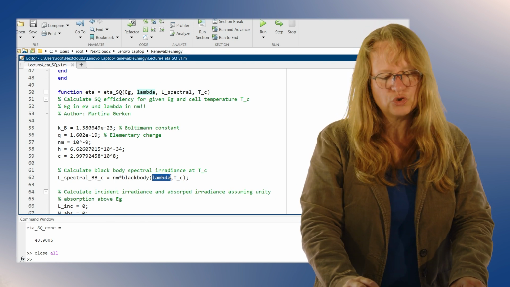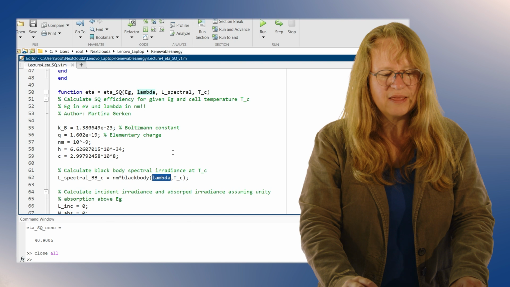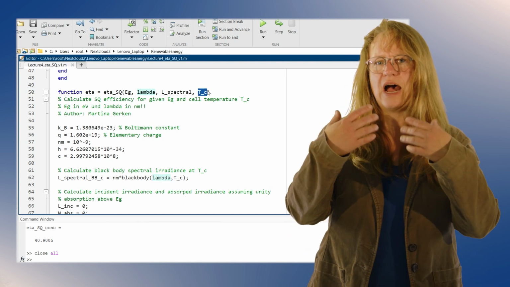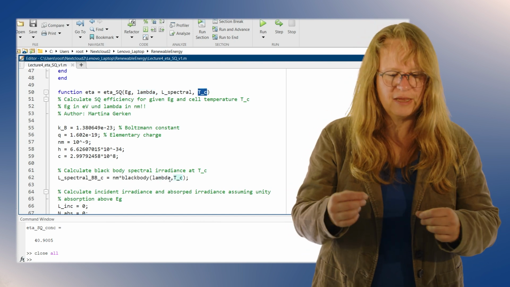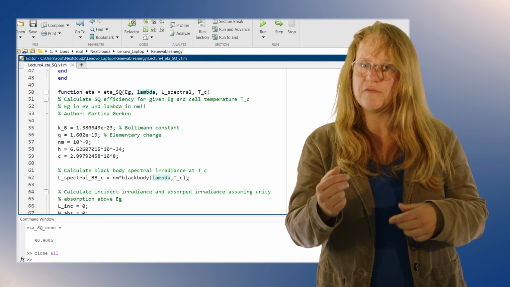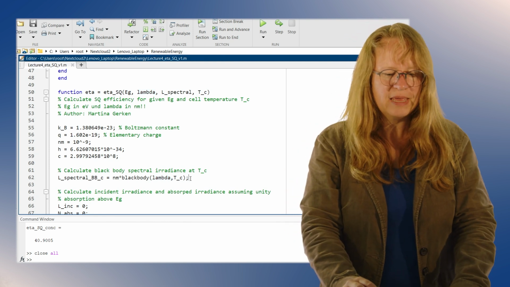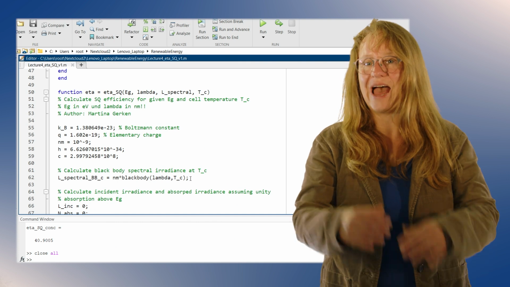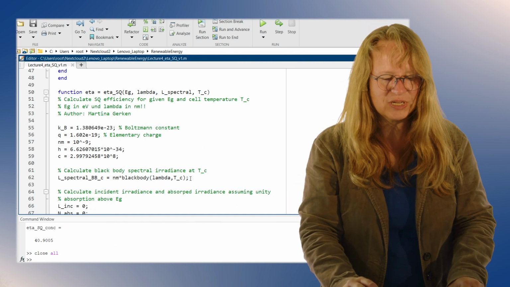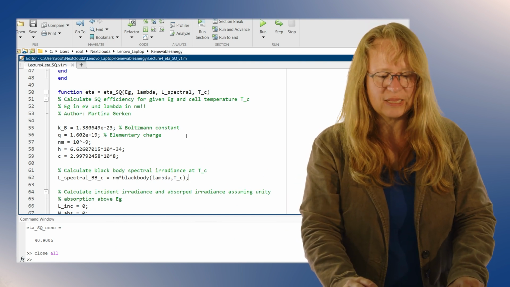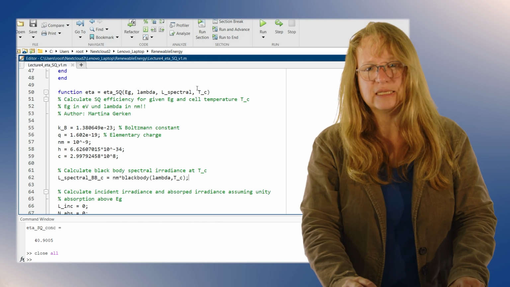I actually decided to put it in the function because then I can also hand over other spectra that are not the temperature radiation of the black body, but for example the AM 1.5 global spectrum, and the user, I don't have to worry later on about how to exactly calculate the temperature spectrum.